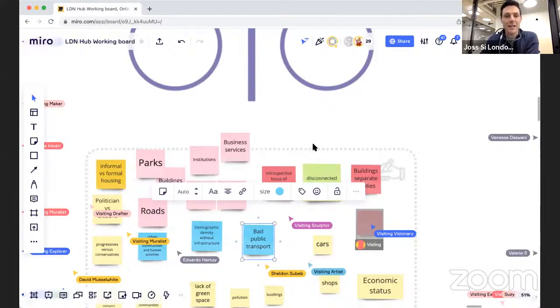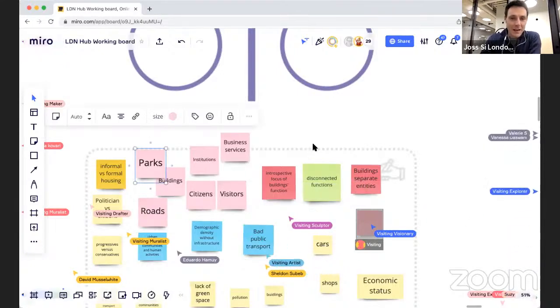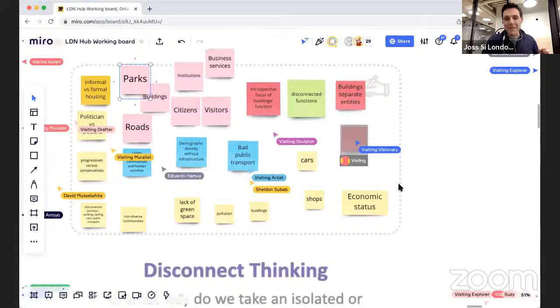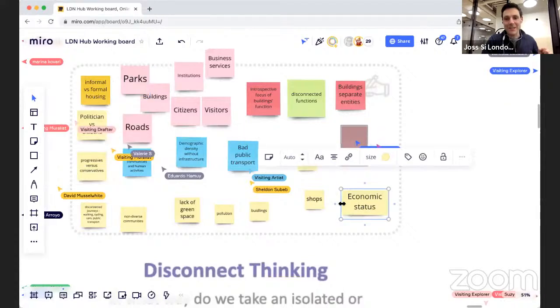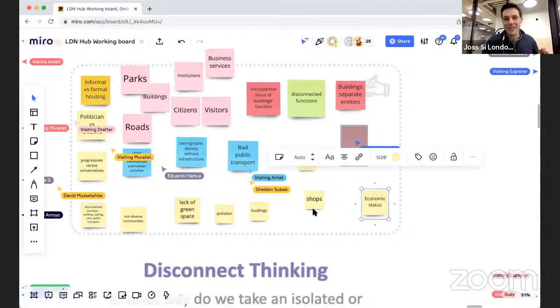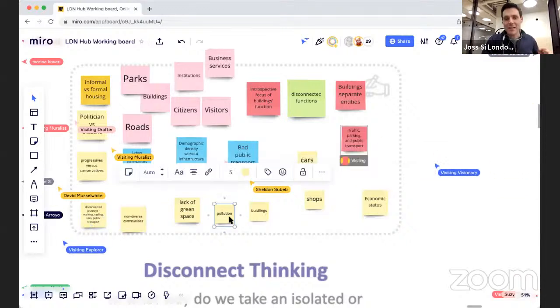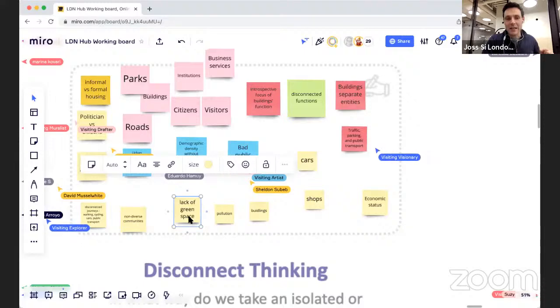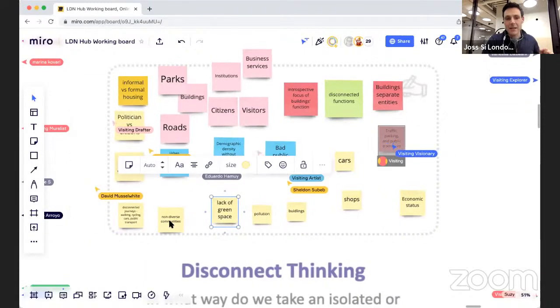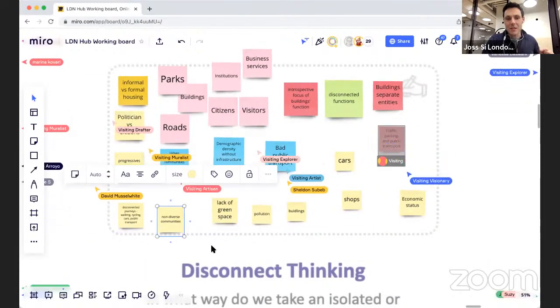So parks, institutions, we're talking about cities here, visitors, citizens, bad public transport. Yes, I think many of us know a bit about that. So economic status, shops, buildings, pollution, lack of green space, non-diverse communities.